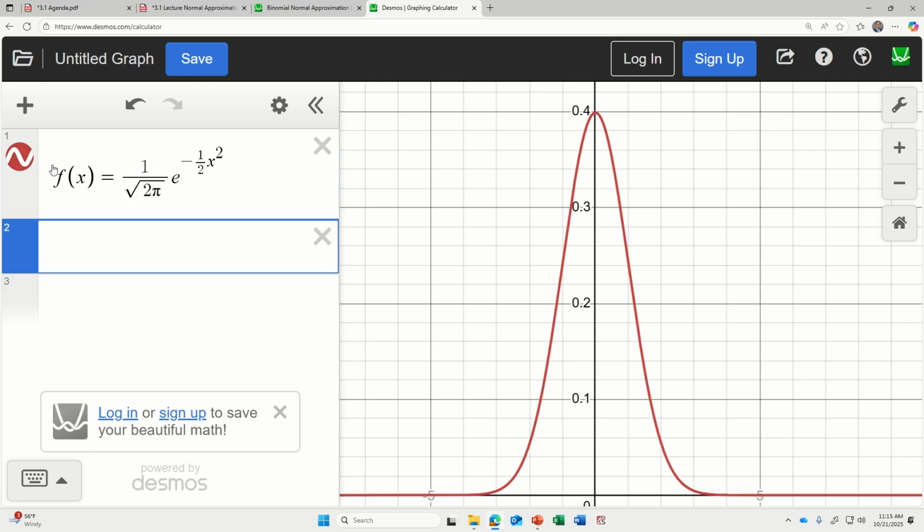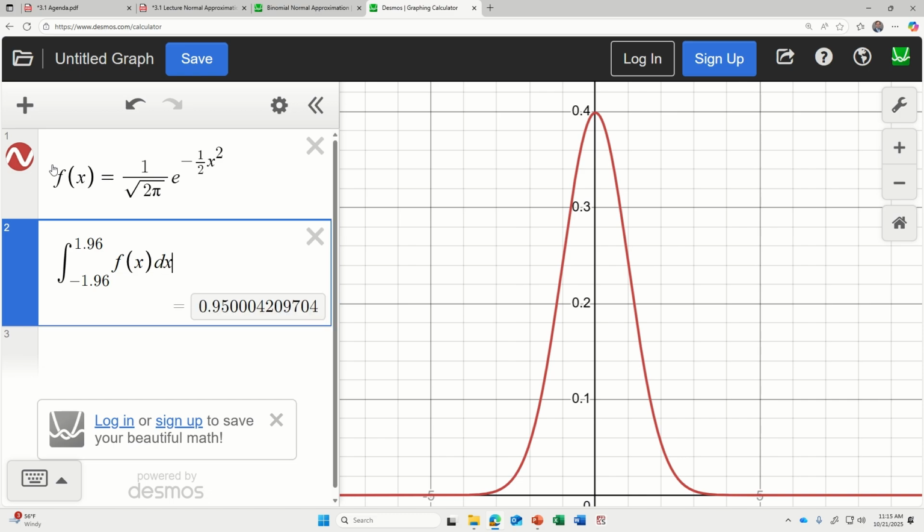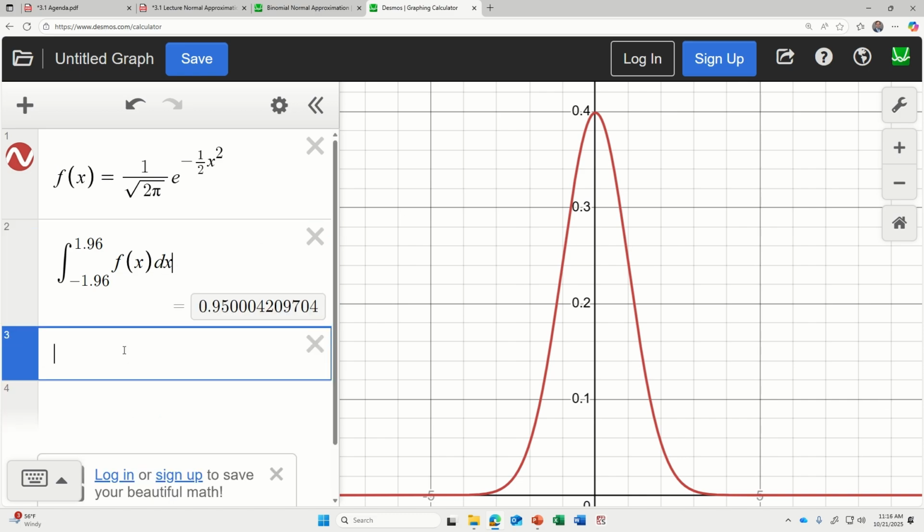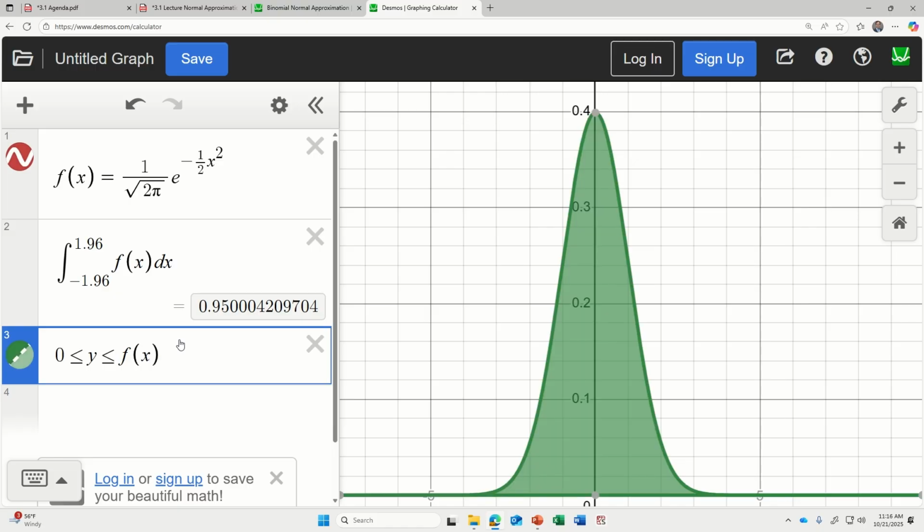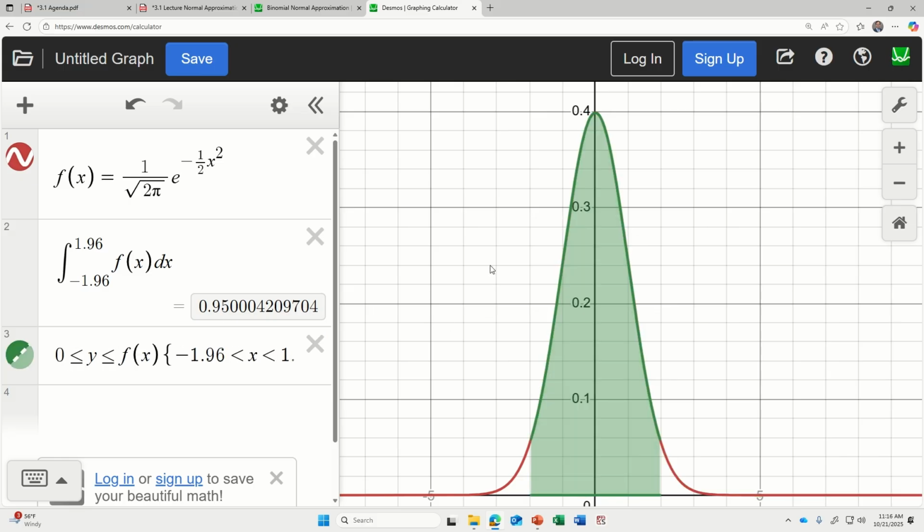And if I want to know how to get exactly 95% of the area, I want this green shaded area.